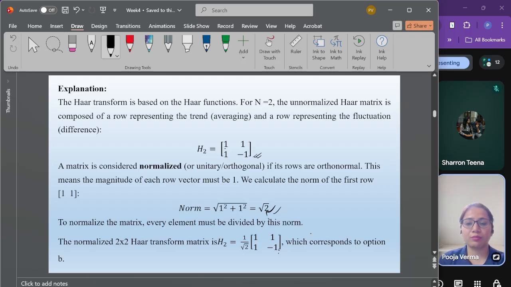Basically, the Haar transform is based on the Haar function, and we know that for n equal to 2 the unnormalized Haar matrix is represented by this one.